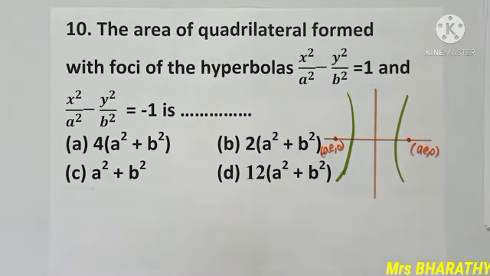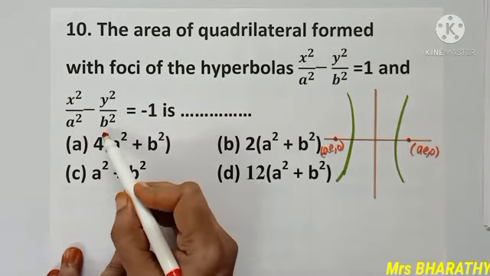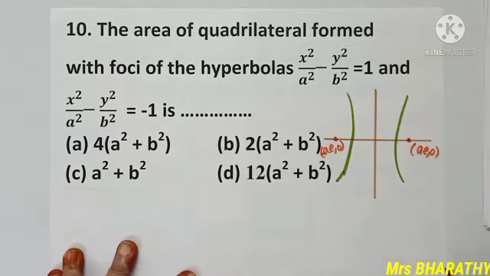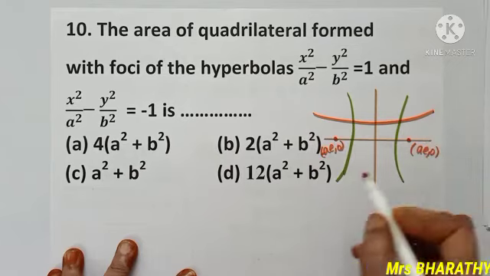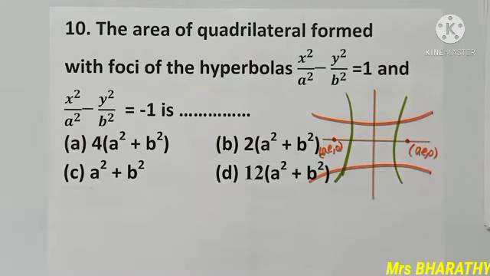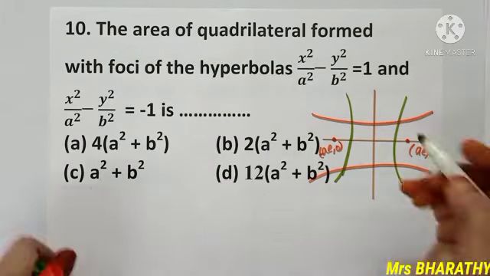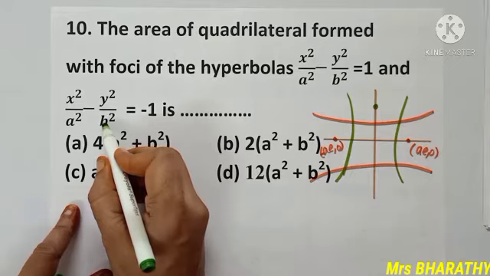We have the other type of hyperbola, x square by a square minus y square by b square equals minus 1. So the hyperbola goes like this. When I have the hyperbola this way, we have the two foci here. Here b square will be the transverse.